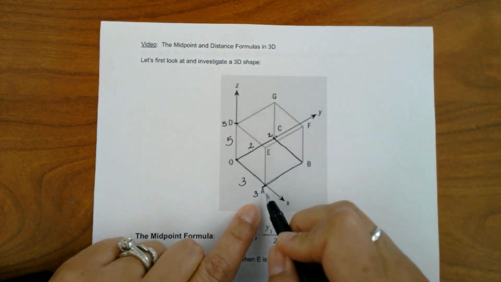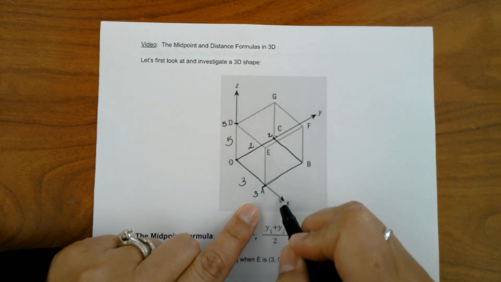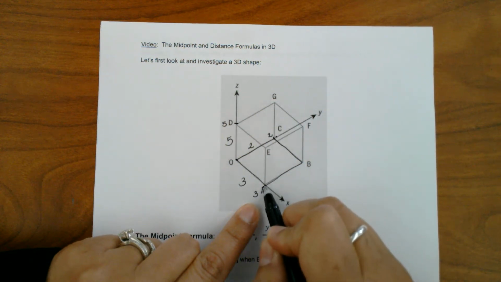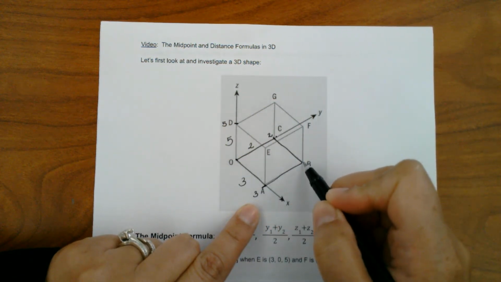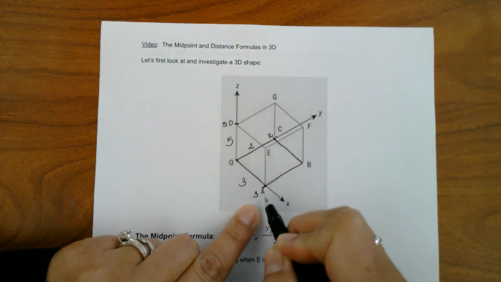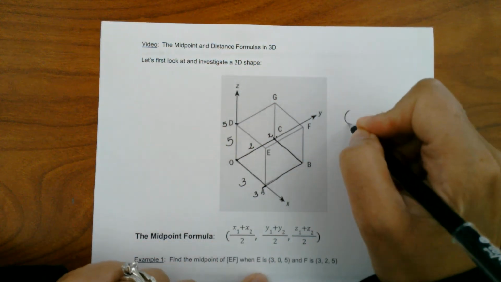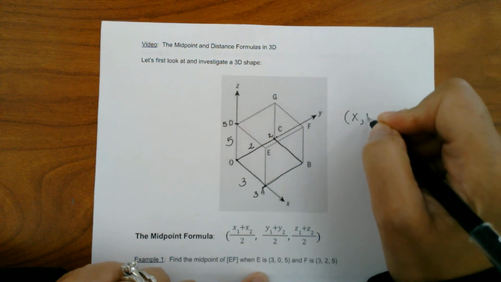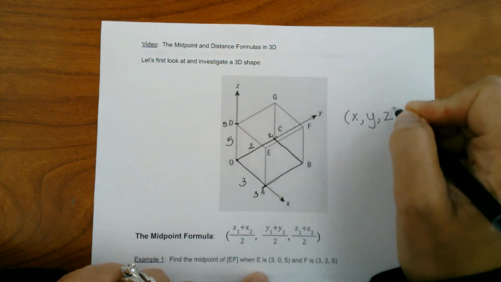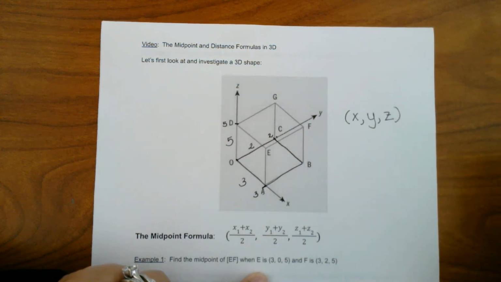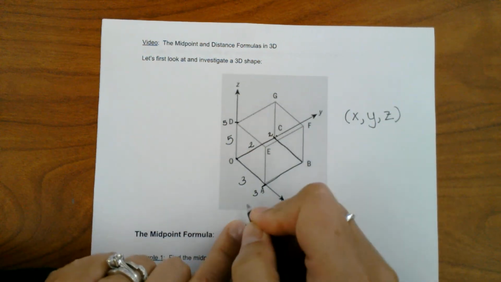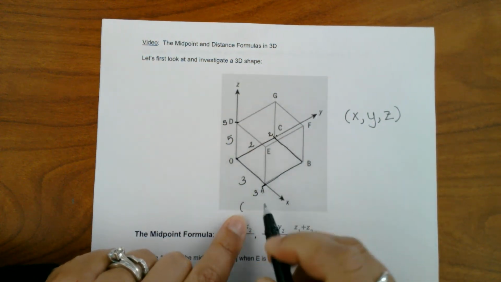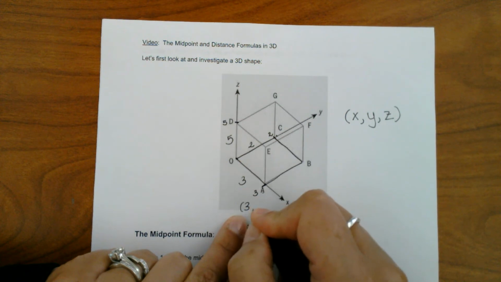Let's first start with A, because it's just sitting on the x-axis right here. It hasn't gone out to the y, hasn't gone up to the z. So when we label a point, we're going to label it as x, y, z, just like the alphabet. So for point A here, if we were labeling it as x, we know it's on the 3.